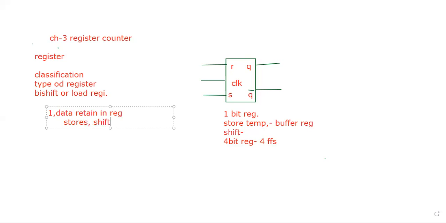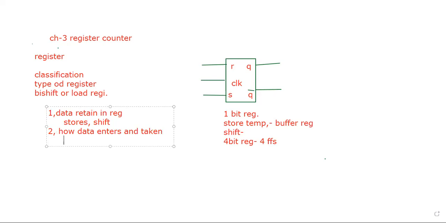Based on this we have two types, shift type register or buffer type. If it is storing the data, then it is a buffer type register. Shift or store. The next is how data enters and is taken out. Data, in the sense of number of bits, enters and is taken out, how does it go out.